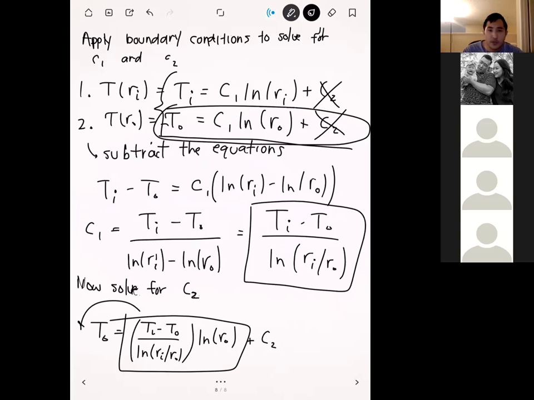So let's go ahead and do that on the next page. But I'll give just a couple seconds if you guys are still writing it down. All right.